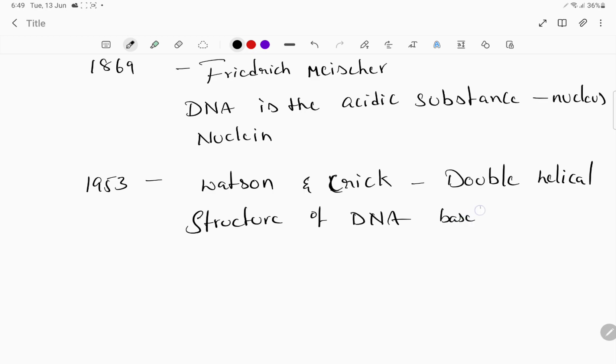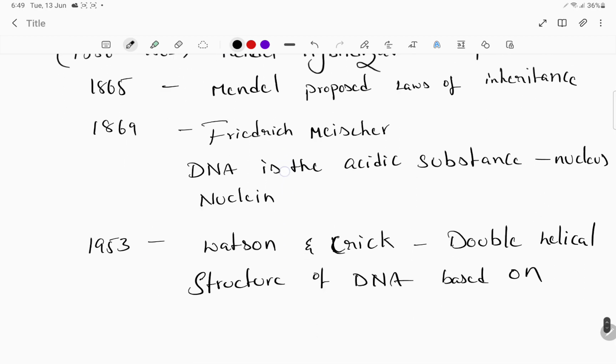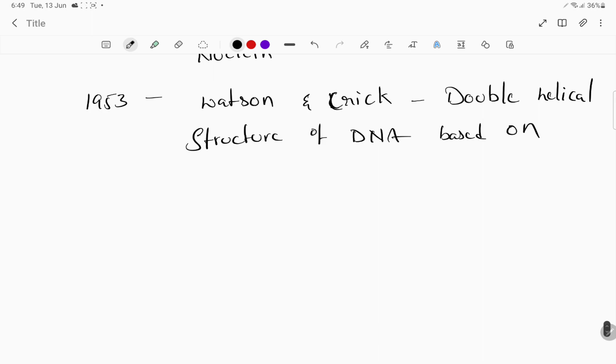Based on the X-ray diffraction data, and we have the scientists' names, Rosalind Franklin and Wilkins.